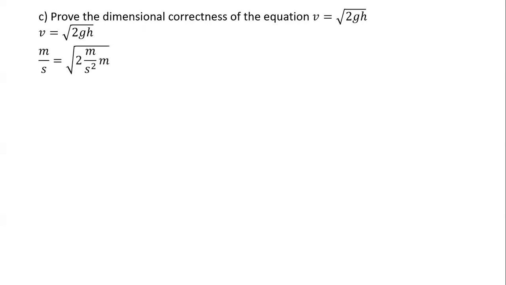Let's start. V, which is velocity, is given by meter per second, meaning meter divided by second. We equate to the square root of 2 multiplied by g. g is given by meter per second squared, meaning meter divided by second squared. h is the height, so the SI unit for height is meter.